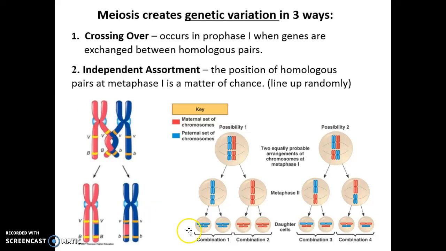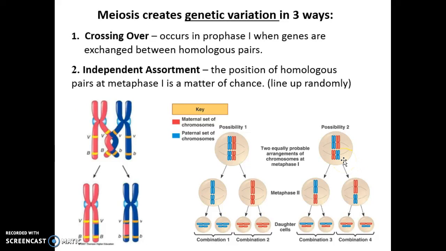We also look at the process of independent assortment as another way of creating diversity. Independent assortment comes into play during metaphase 1, when the homologous pairs of chromosomes line up at the equator. What the law of independent assortment states is that the orientation of the homologous chromosome pairs is completely random.